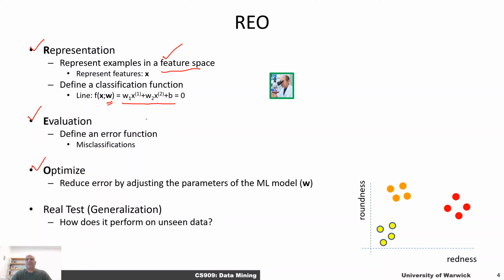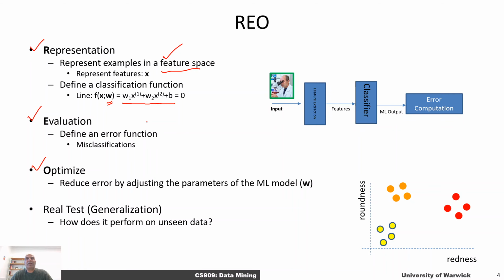So in this case, if you want to compare it to the previous example that we had been following, if we were given a picture of a pathologist, that is going to go as input. We are going to extract some features, and then those features are going to go into a classifier, which is going to generate an output. And then we are going to compare the output of that machine learning model to the given training labels. So in this case, if it's a pathologist and the output of the machine learning model is also a pathologist, then there is no error, so we don't need to change this classifier.